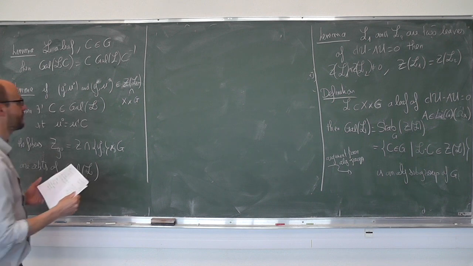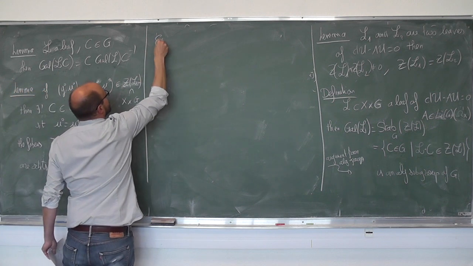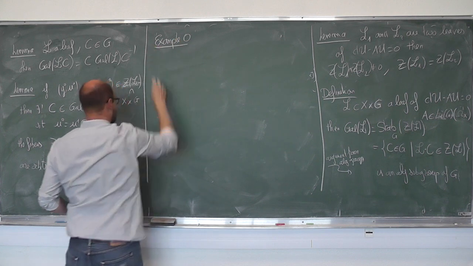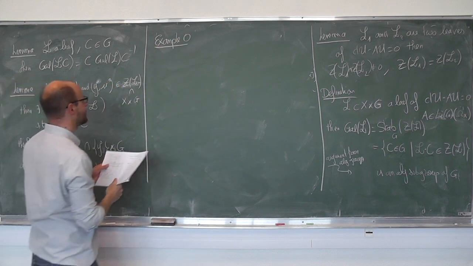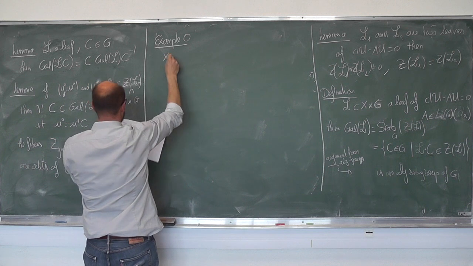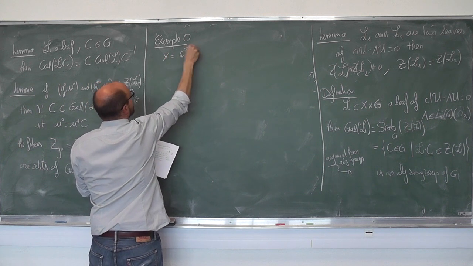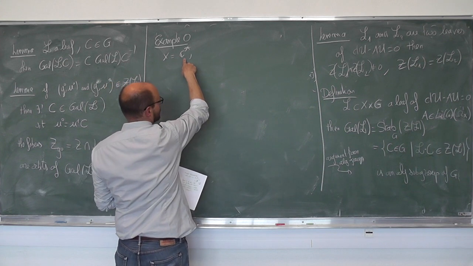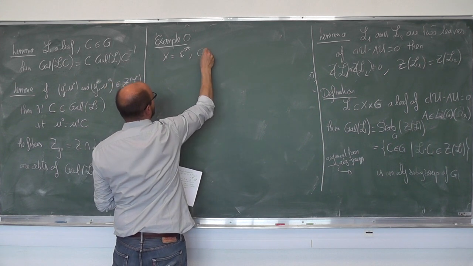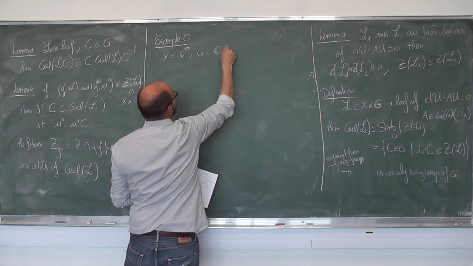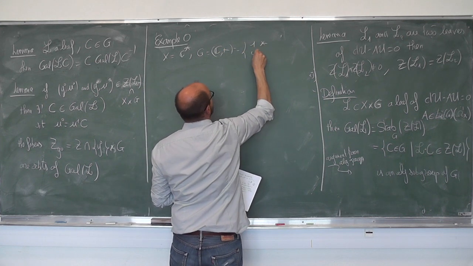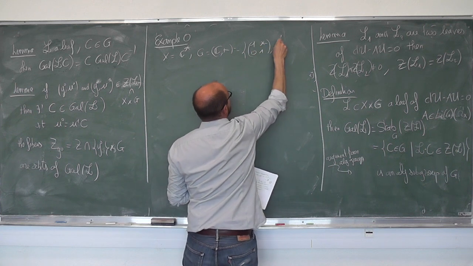Okay, example 0. Example 0 is this: you take X to be C star, that is C minus 0, but not as a group, but as a space. Your group G is the additive group, meaning the set of matrices like this.